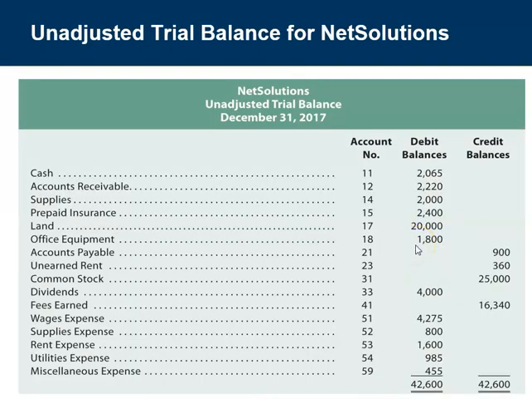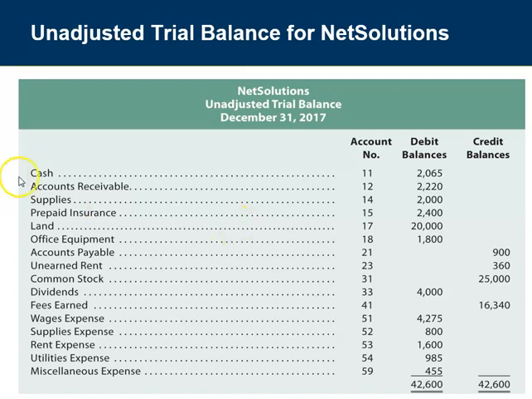All right, so all we really have here is our unadjusted trial balance that we had for Net Solutions. We did this in the prior chapter, I believe. And so some of these accounts are going to be subject to adjustment, others are not.